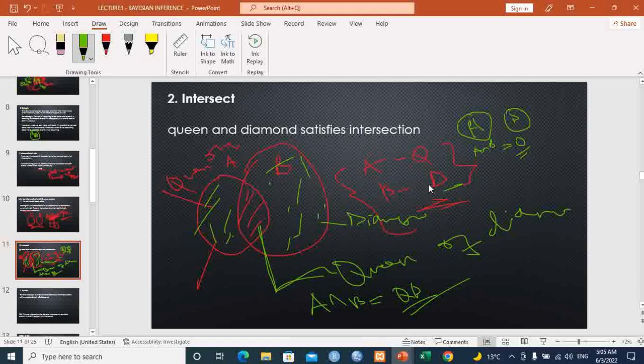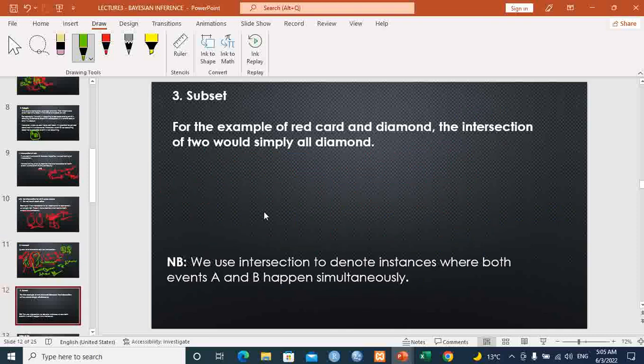a set that is a subset of another set? In that case, for example, a red card and a diamond. Let's say event A is drawing a red card and event B is drawing a diamond.